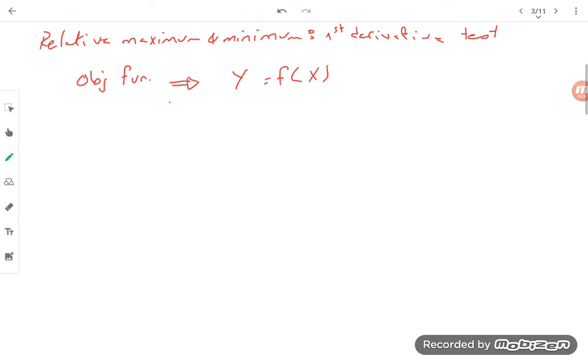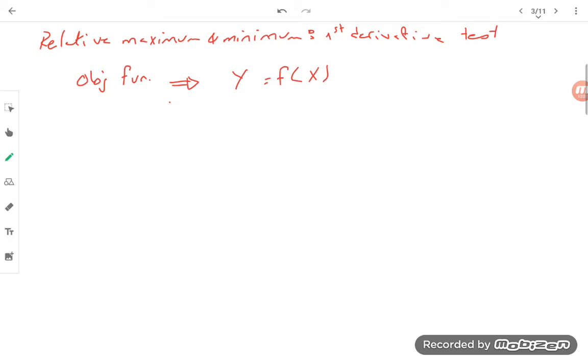If the objective function is a constant function, all values of the choice variables will result in the same value of y. So there is no significant choice to be made regarding the value of x.